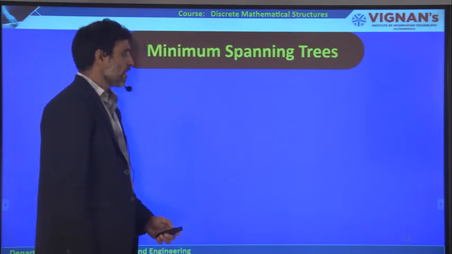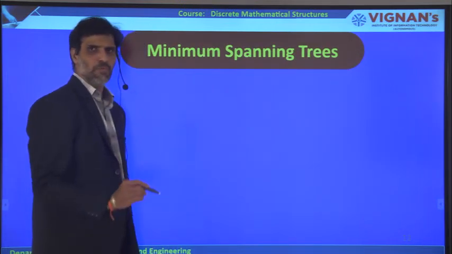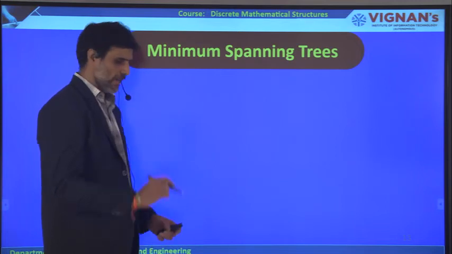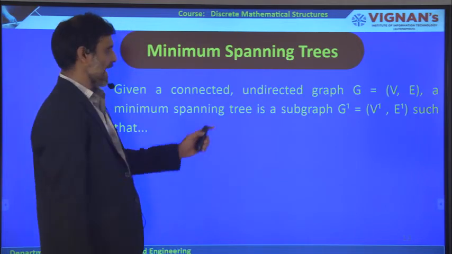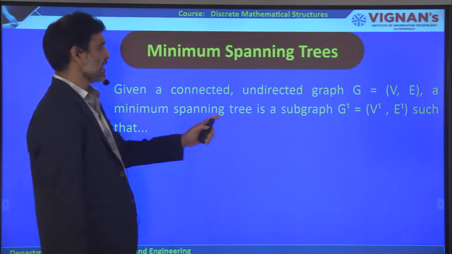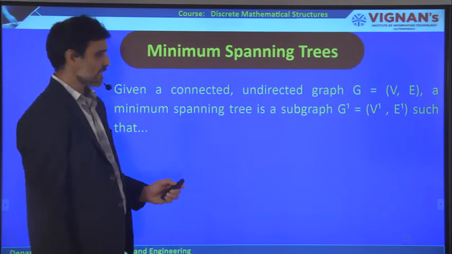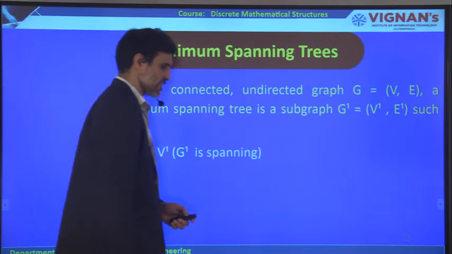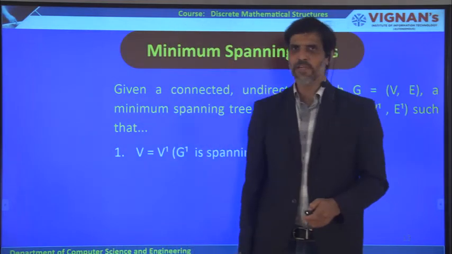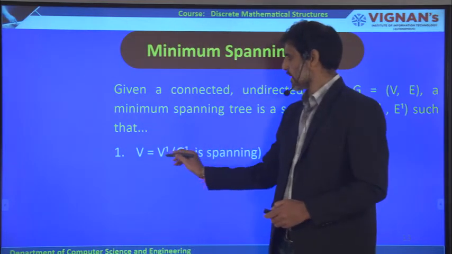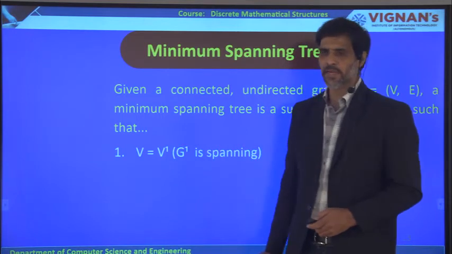Before understanding that, you should know the meaning of a minimum spanning tree. Given a connected undirected graph, a minimum spanning tree is a subgraph such that, first, the number of vertices in the given graph must be equal to the number of vertices in the minimum spanning tree.